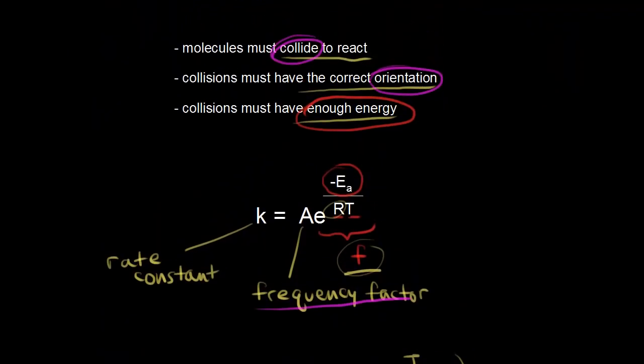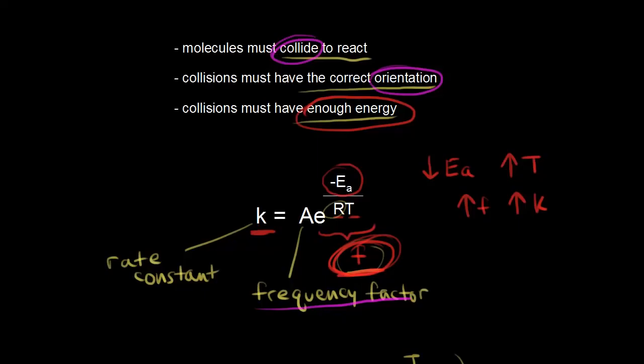So we've made different calculations over here for F, and we said that to increase F, we could either decrease the activation energy or we could increase the temperature. So decreasing the activation energy increased the value for F, and so did increasing the temperature. And if we increase F, we're going to increase K. So if we increase F, we increase the rate constant.